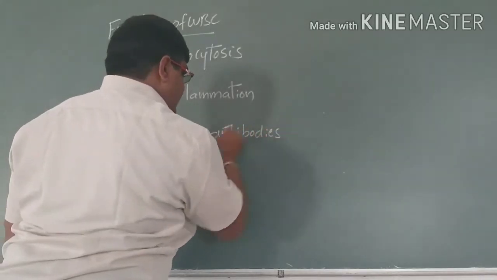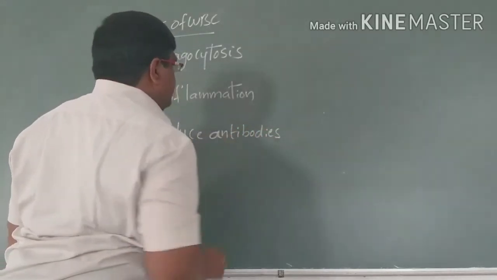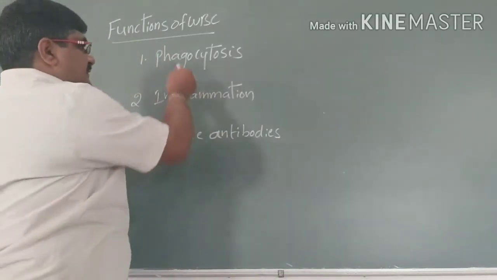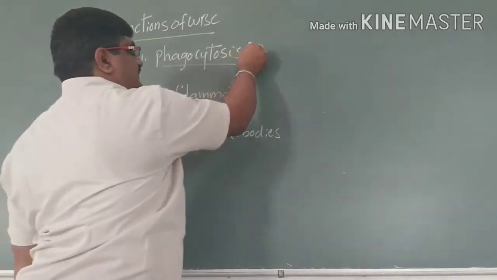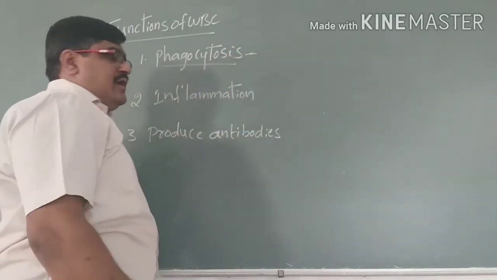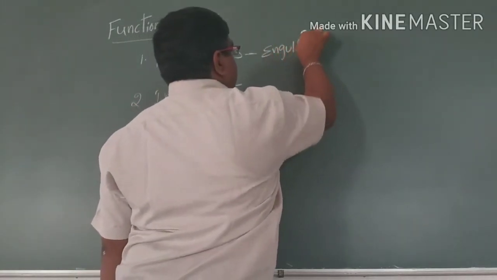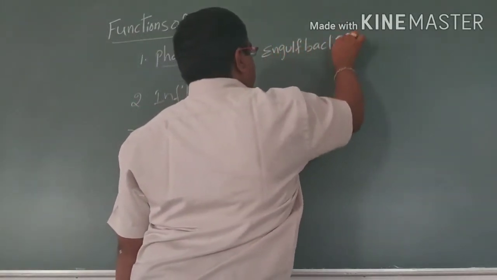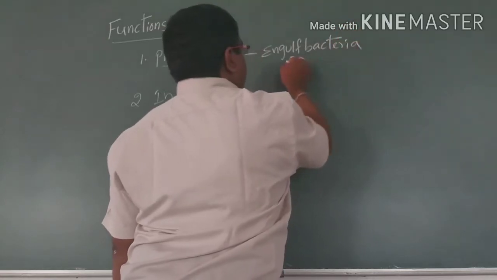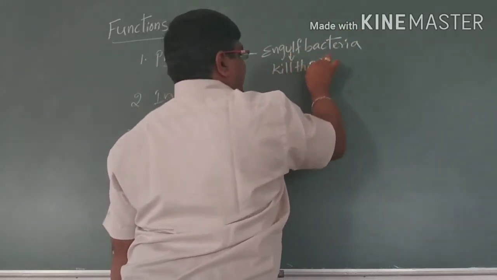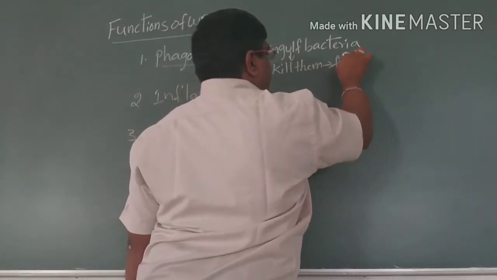Here, we already know that phagocytosis means they engulf the bacterial cells, surround them and kill them, and take them in as food particles.